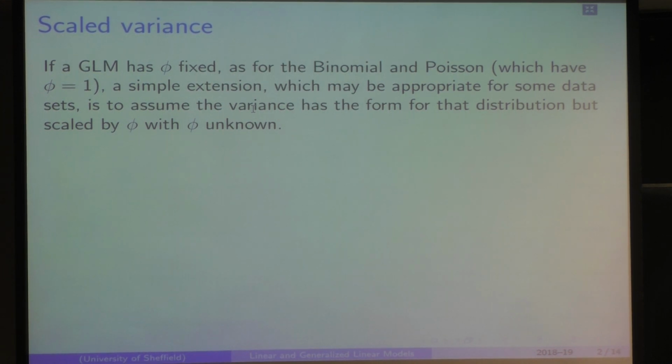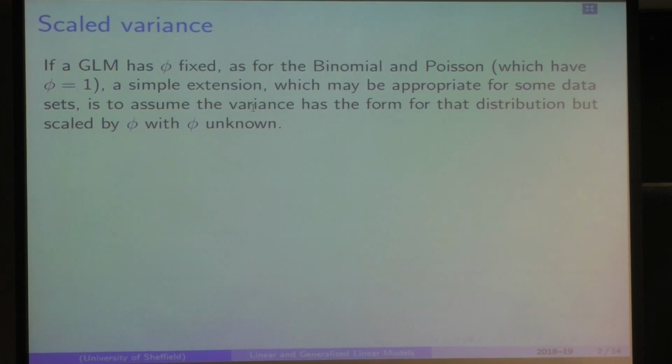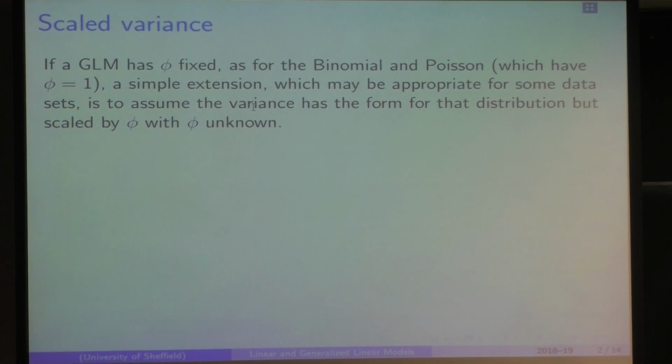So, there are various approaches to dealing with this problem. One of them, which can be fitted within the generalized linear model framework, is to assume that in fact the phi that appeared in the generalized linear modelling assumptions is not 1. To assume that it's now an unknown parameter, as it could be for some other generalized linear models.